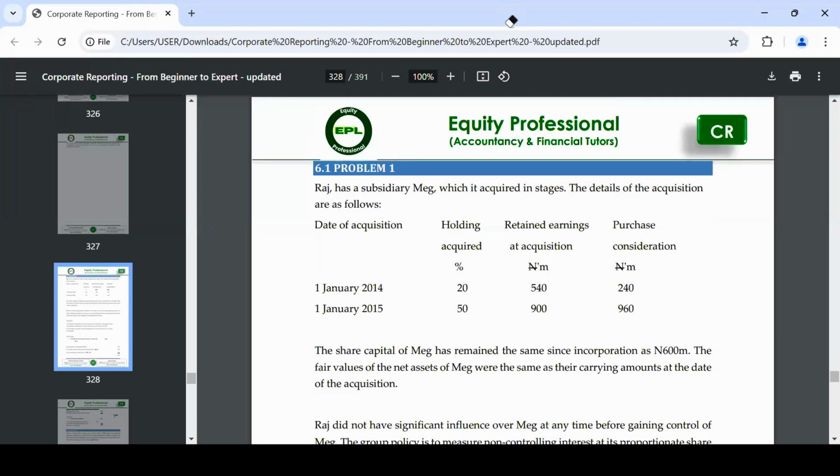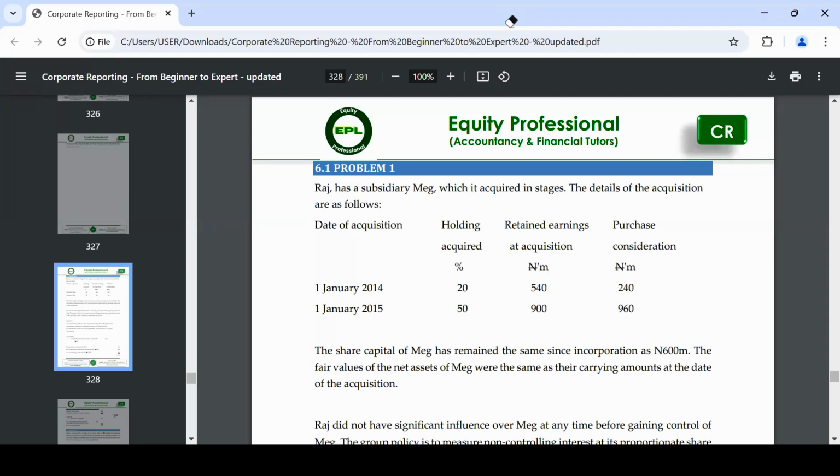All right, we have the date of acquisition, how much holding was acquired at the various dates, the retained earnings at acquisition, and then we have the purchase consideration at those different dates when Raj made investment in equity interest of Meg. Okay, we're told that the share capital of Meg, that is the subsidiary now, has remained the same since incorporation as 600 million.